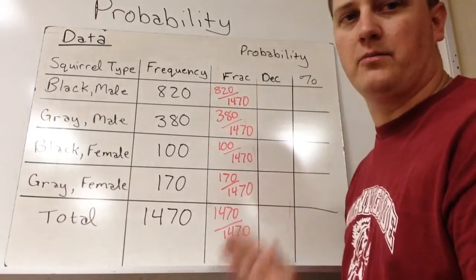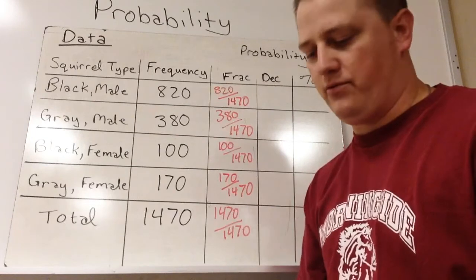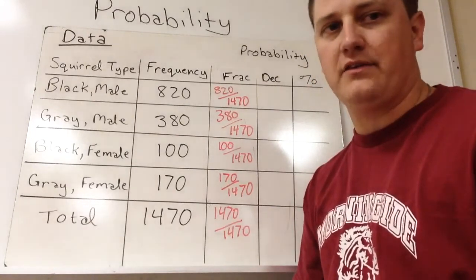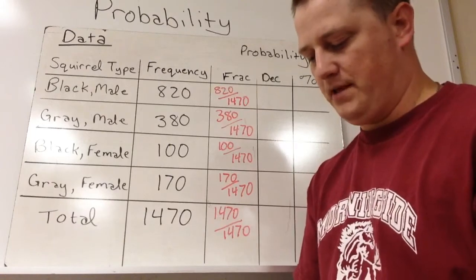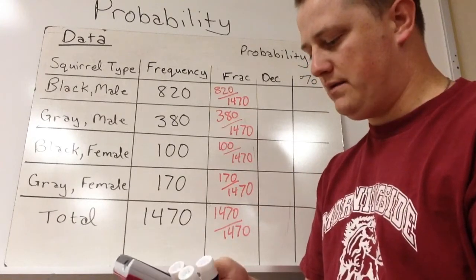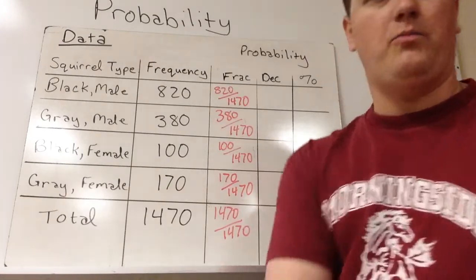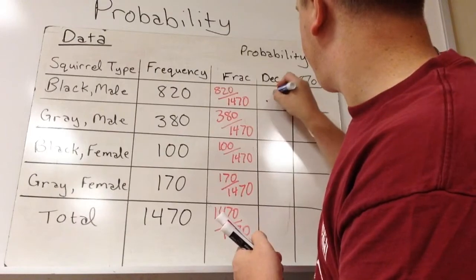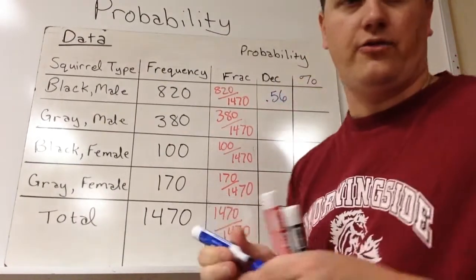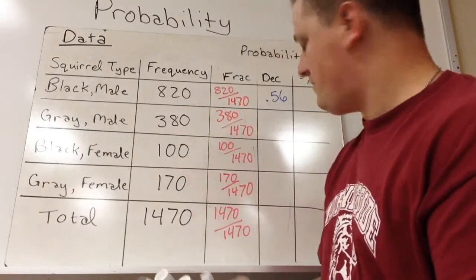Then we have the decimal. All we have to do to get the decimal is actually divide, and we'll probably be rounding all of these, so let's go to the hundredths place. 820 divided by 1470. So I'm going to go 0.56. It's really 0.557, and then it goes on forever.